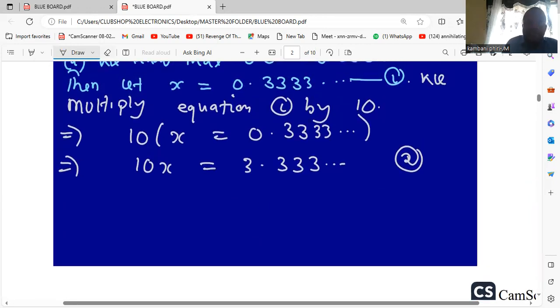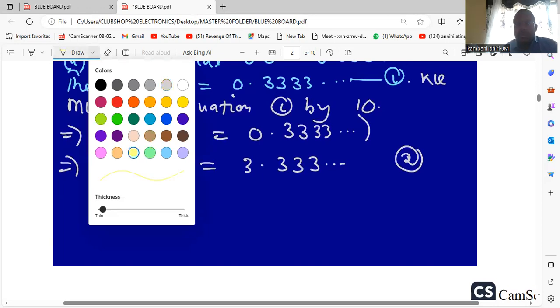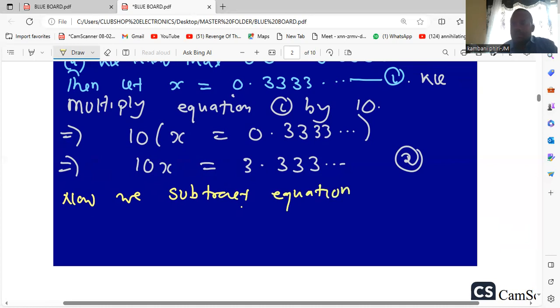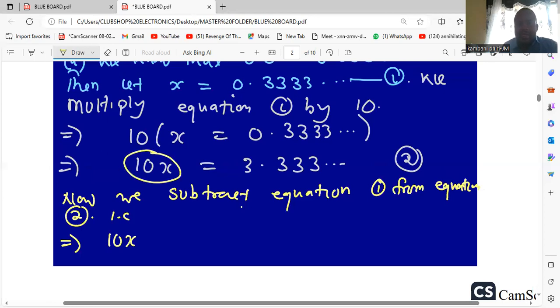All right. So now, we subtract equation 1 from equation 2. Okay, that is, we have 10x, this 10x minus this x.